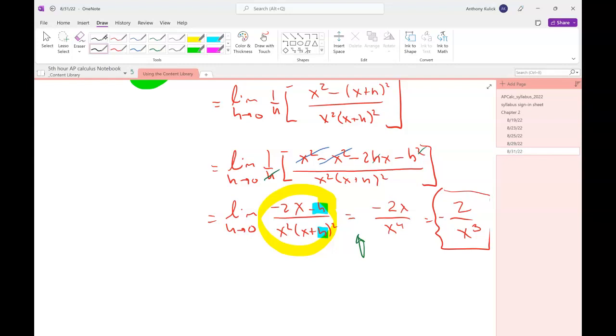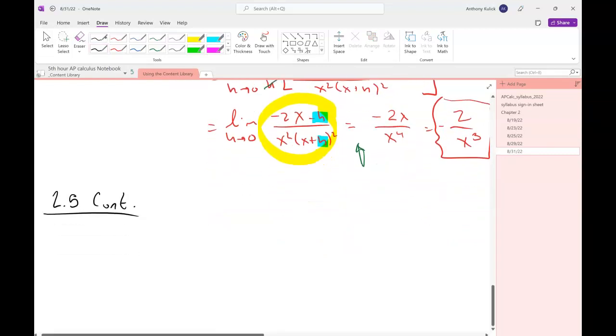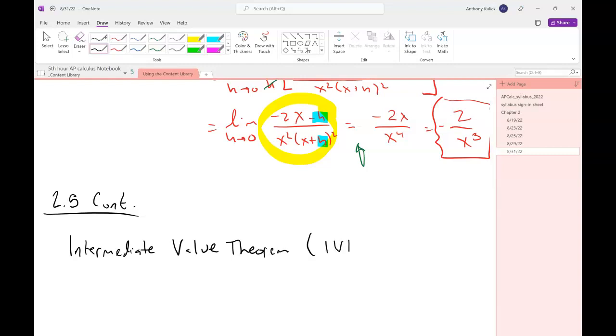All right, so we have a little bit left to cover in 2.5. There's one idea left that we need to talk about here, and it's a biggie. It's called the intermediate value theorem, or often we'll abbreviate that as IVT.